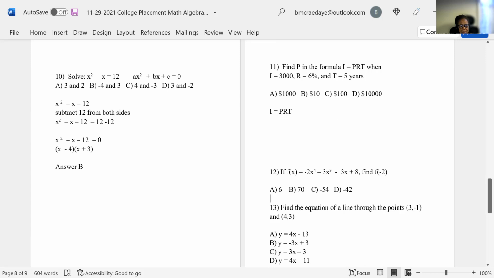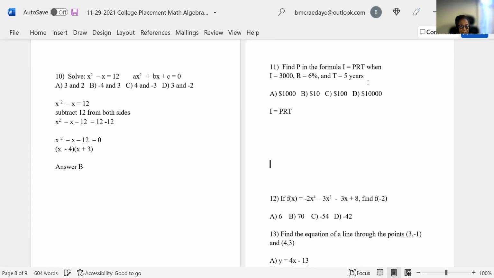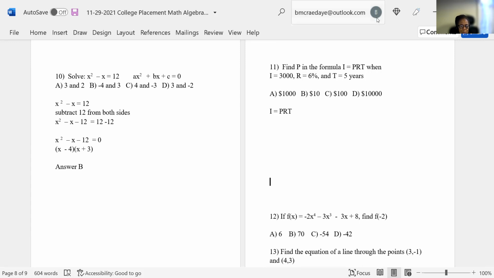No, because this is a multiplication. PRT means P times R times T. That's principal, rate, and time. We're looking for P, but we want to solve that equation for P. So what do you do to this I equals PRT to get P equals something?